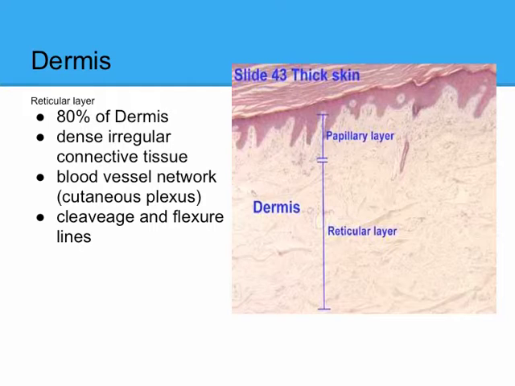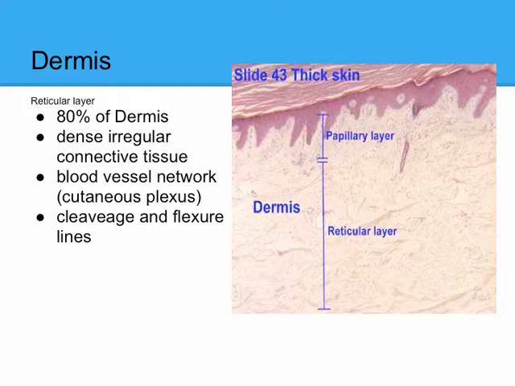And I mentioned this a bit on the last slide, but this is where we'll find lines where there's less of these fibers, making them cleavage lines, making them places where the skin naturally likes to fold. This is also the layer that will be adhered to the underlying fascia around joints to form flexure lines, like the lines in our palms and around our knuckles.